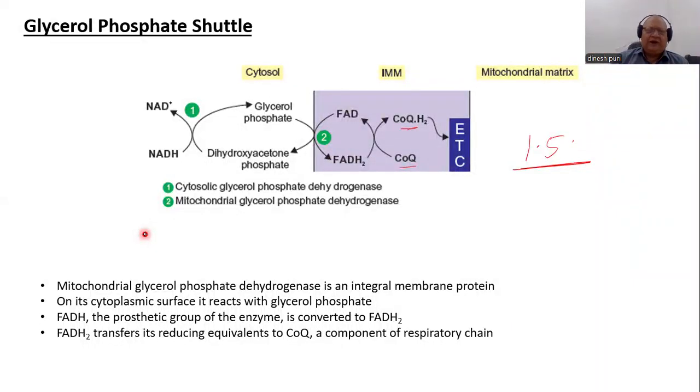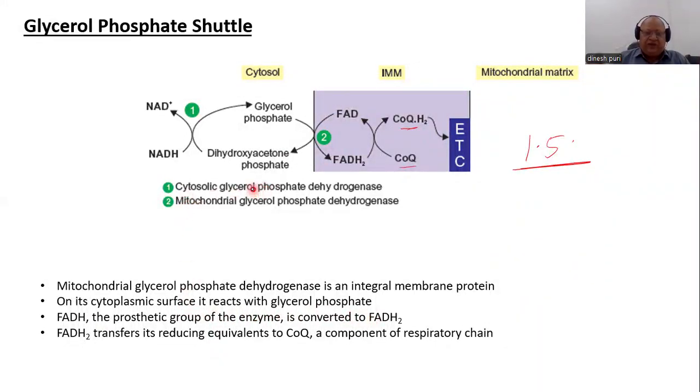Here, no such complexity is required because the enzyme itself, along with its tightly bound prosthetic group, FAD, is embedded in the inner mitochondrial membrane itself, in close proximity to the electron transport chain. I'm emphasizing this term: FAD is a tightly bound prosthetic group of the enzyme protein. All right.